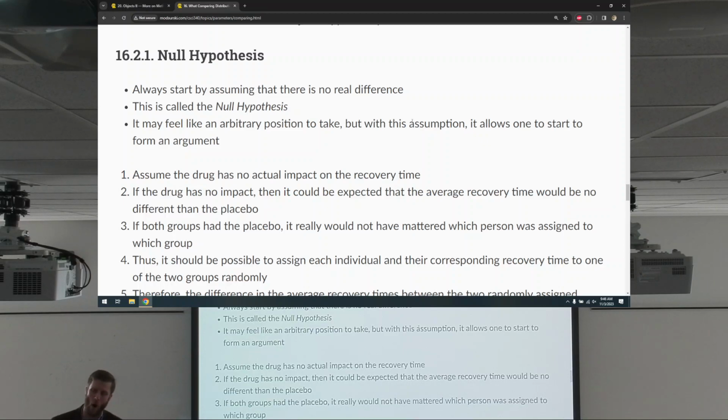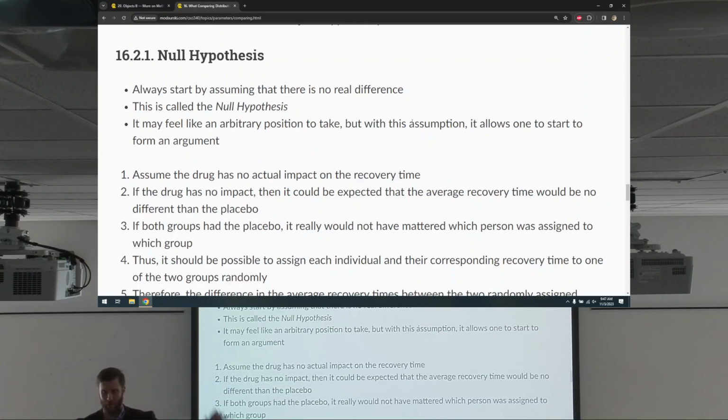I could, if I wanted, generate every single possible combination of groups of 50 out of 100 people. How many is that? I think I might have it in here. There's a lot. I could generate every possible combination of, hypothetically, this is the placebo group, and this is the drug group.